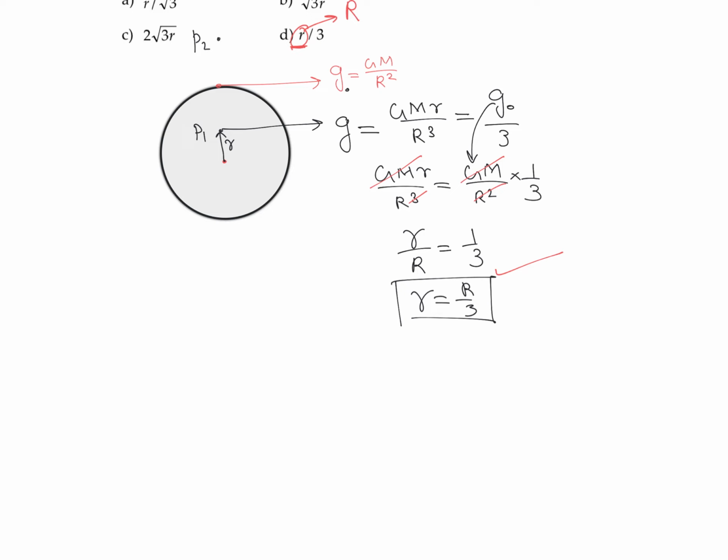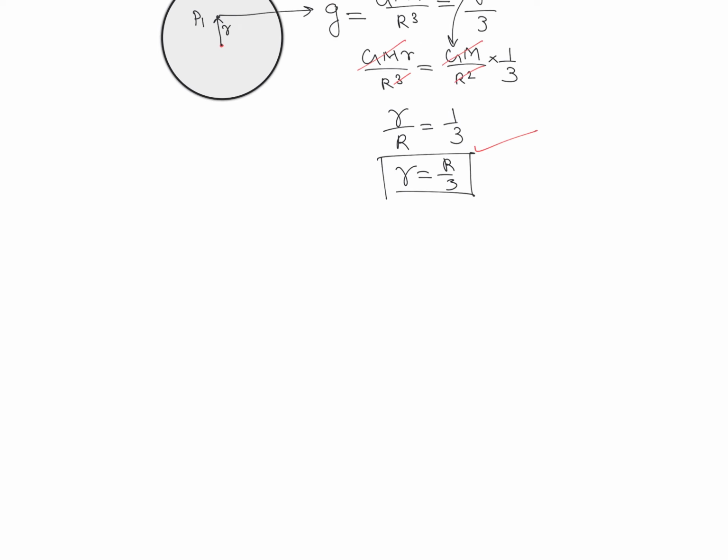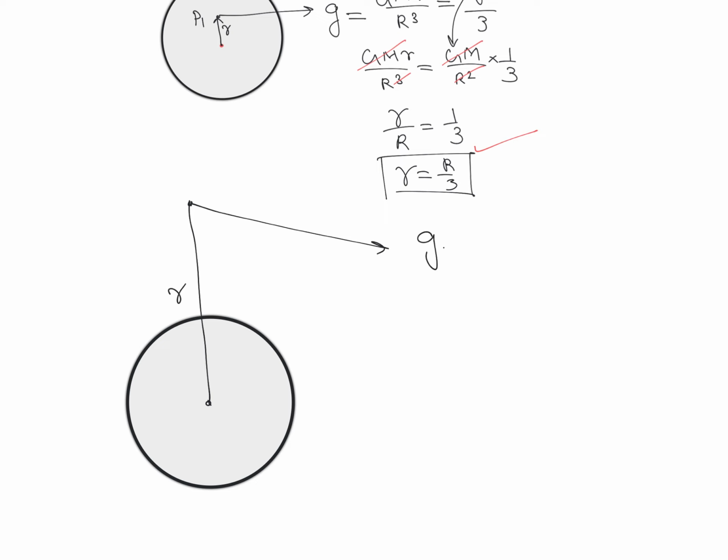Then there is one more possibility. If you are considering a point outside the earth surface, so let's say this is at distance r from the center. So we know that the gravitational field outside is equal to GM divided by small letter r the whole square.